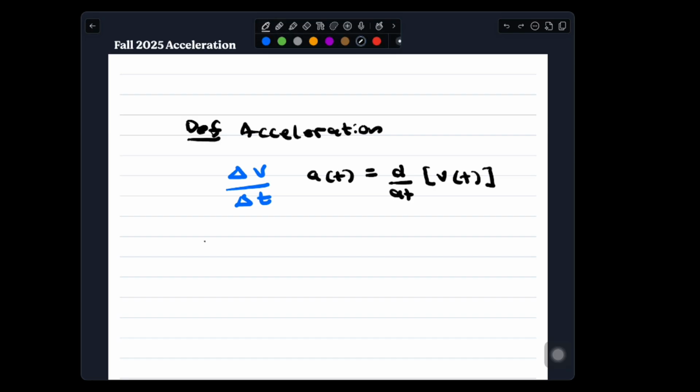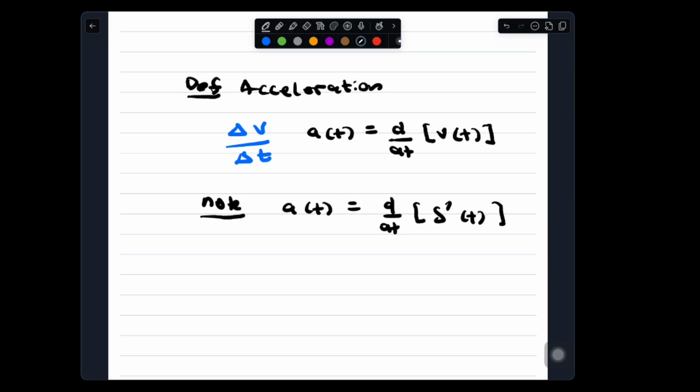You can also see it this way. Since velocity is the position function derivative, this is also known as the second derivative of the position function.